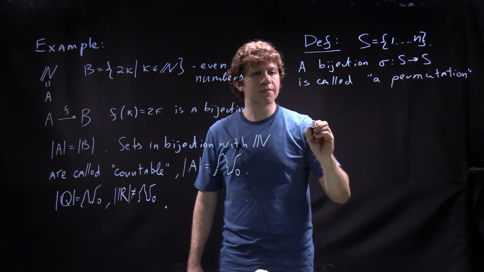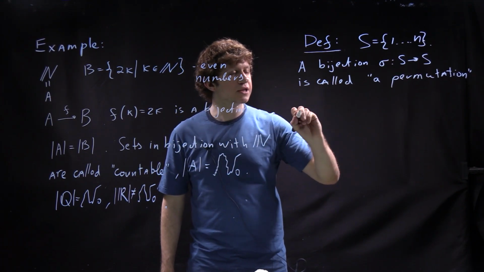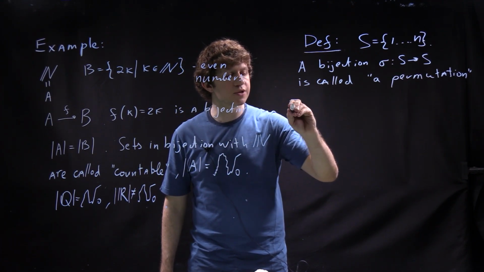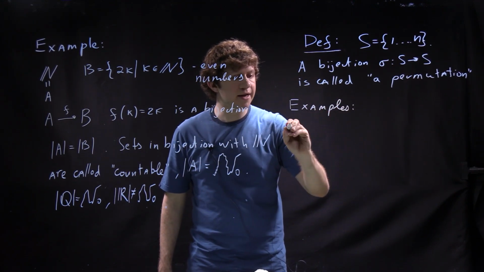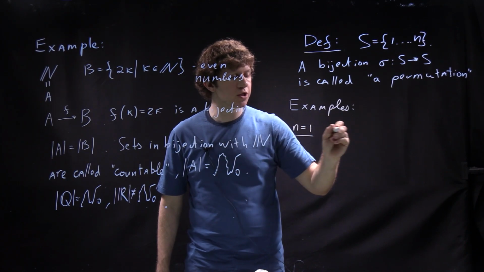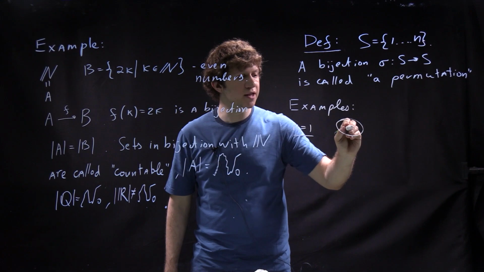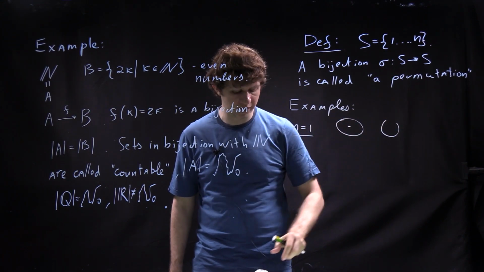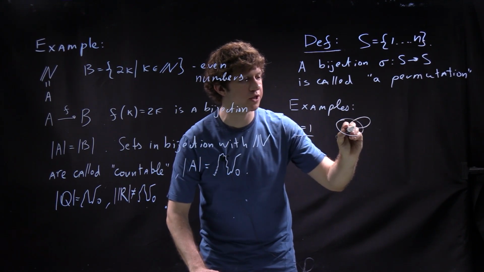So let's go through some examples, and also I will explain certain notation. Let's, for instance, take n equal to 1. Then there is not much we can do. There is just a set with one element, and we want to map it to itself, and there is just one way to do it.